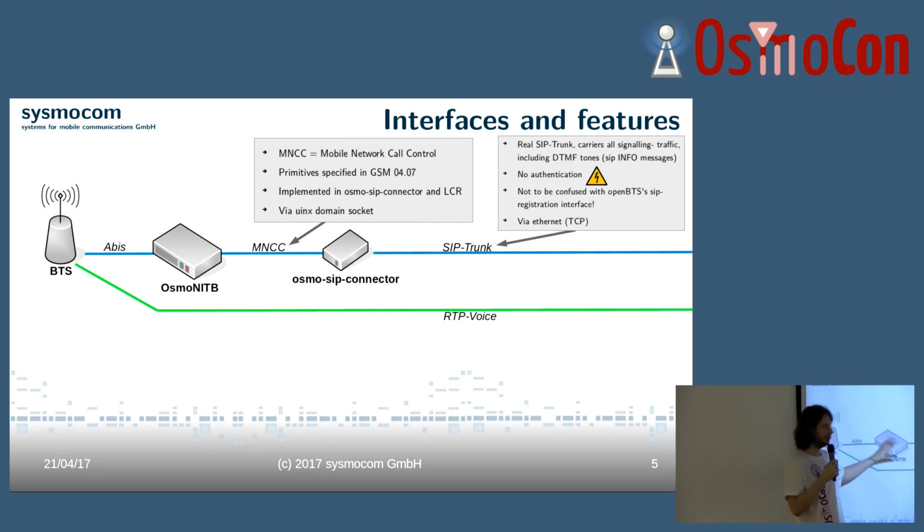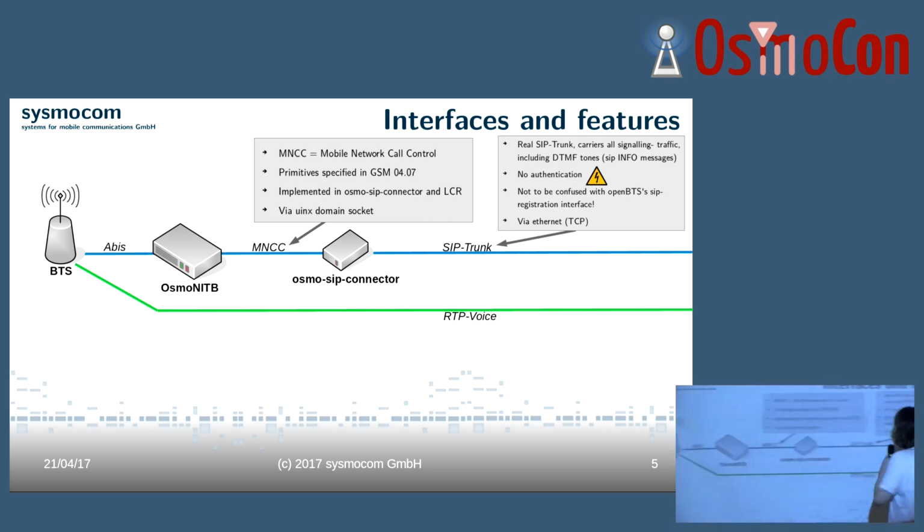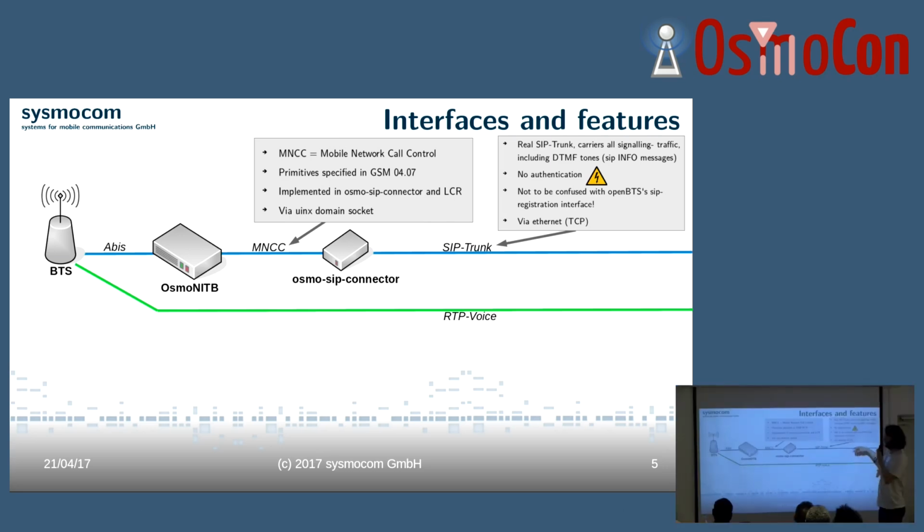We just turn it off and use the call control stack implemented there. And then at the output, so to say, we have a real SIP trunk that carries all the signaling traffic, including the DTMF tone. And there's something special about the DTMF tone handling.